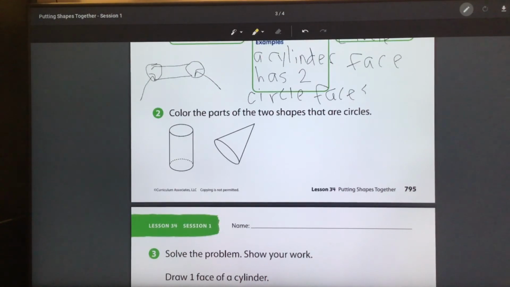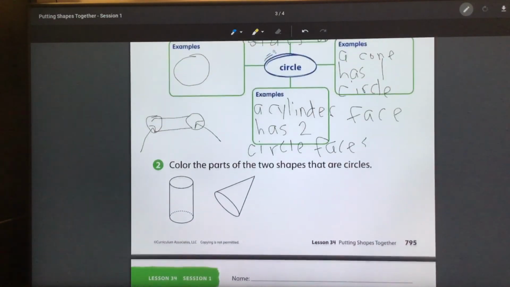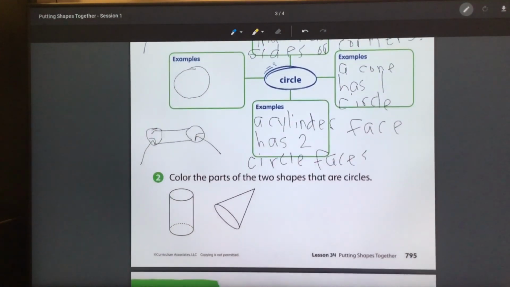Number 2, color the parts of the two shapes that are circles. So you're going to be coloring in the faces of the cylinder and the face of the cone. So I actually just drew the pictures right up here and did that. When you look at the cylinder up here, you see the top and the bottom are the flat parts, and those are the circles.